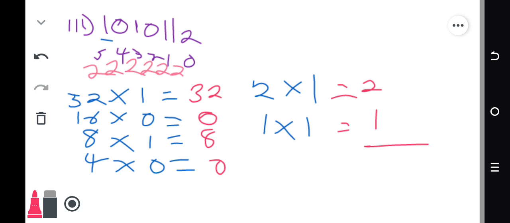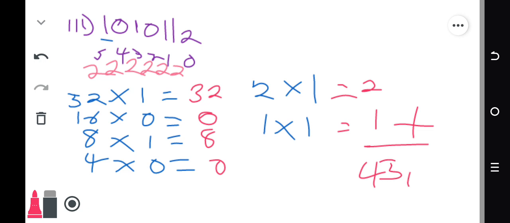And what do we do now? We sum all together. So 32 plus 8 will give us 40, plus 2 will give us 42, plus 1 will give us 43.